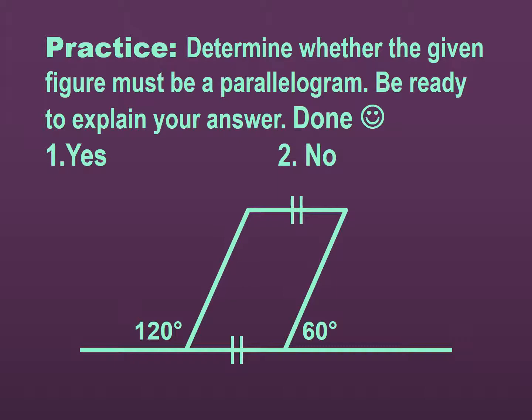So this one would be no. And the reason that it's no is because we have 120 and we have 60, but we don't know what the opposite angles are. So those opposite angles could be anything. So because of that, this is not a parallelogram. All right, go try some problems.